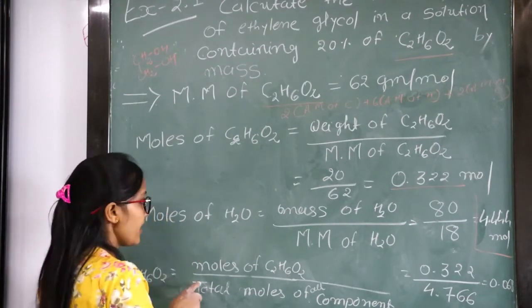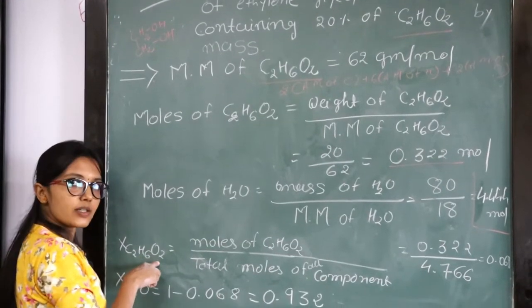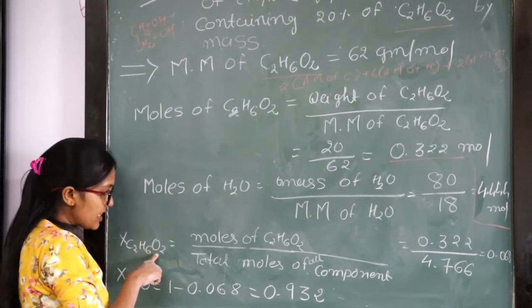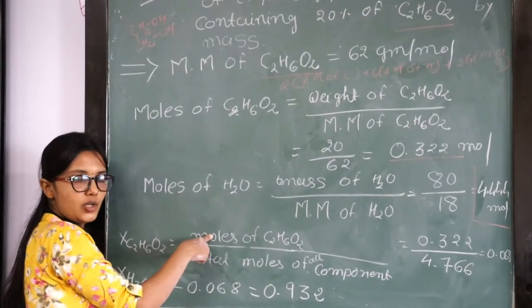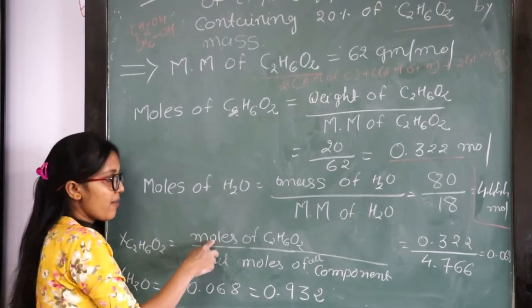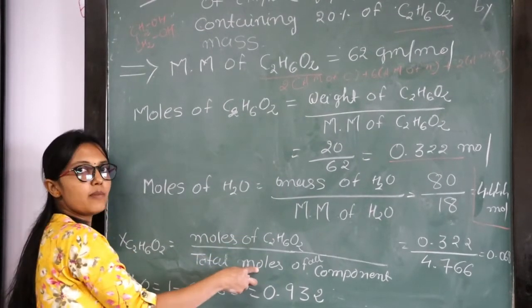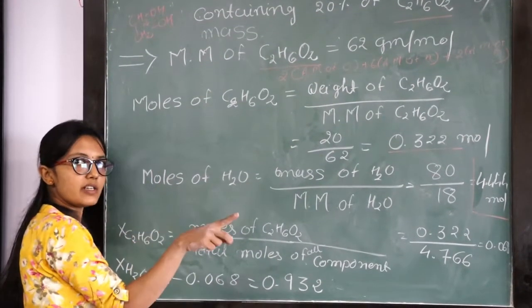So here I will write X of C2H6O2. This is the mole fraction symbol. Mole fraction of ethylene glycol is equal to moles of solute, and the solute is ethylene glycol, so moles of ethylene glycol, divided by total moles of the components, that means solute plus solvent.